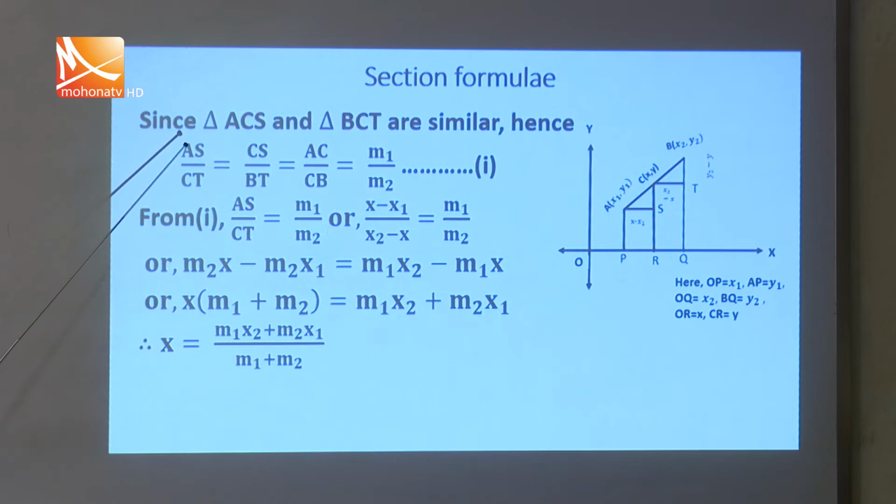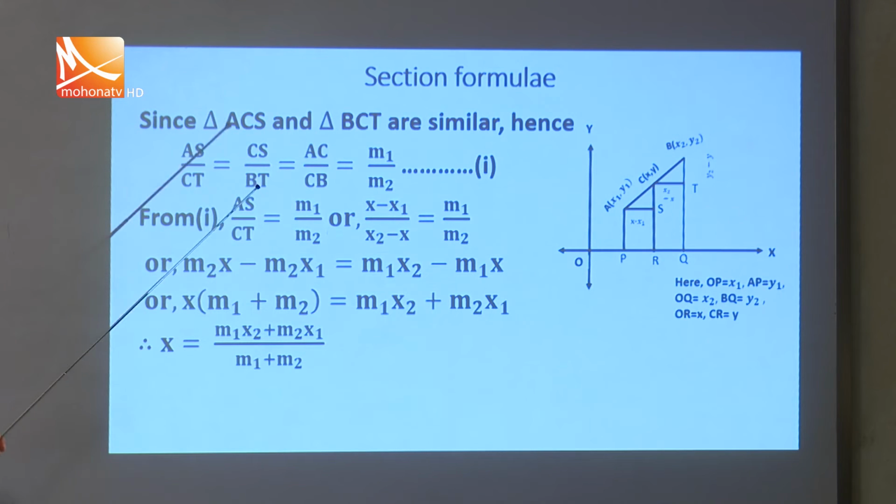That's why we have written here AS by CT equals CS by BT equals AC by CB equals m1 by m2. From the relation AS by CT equals m1 by m2, if we put the value of AS and CT, then by making calculation we get the value of x equals (m1 x2 plus m2 x1) by (m1 plus m2).